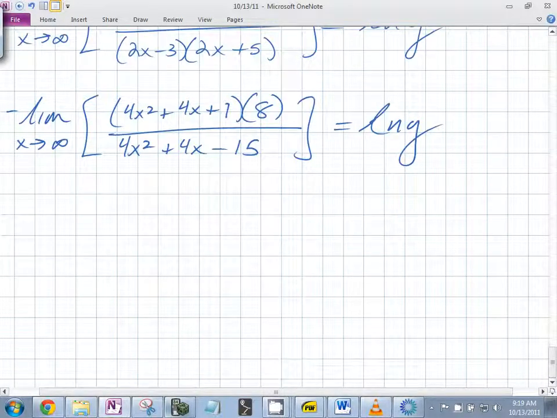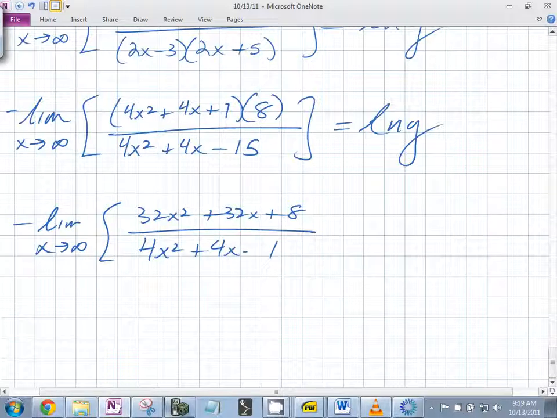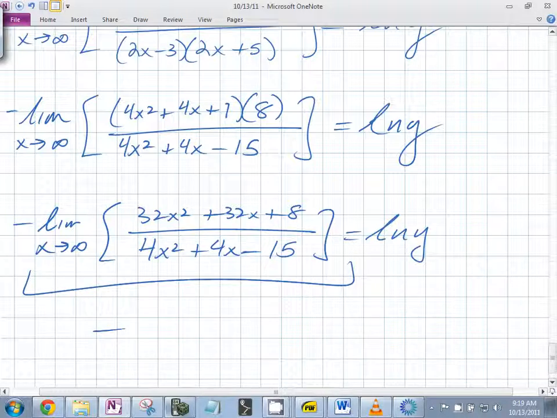Let's multiply it out. Negative 1 times the limit as x goes to infinity of 32x squared plus 32x plus 8 all over 4x squared plus 4x minus 15 equals ln(y). So what does the left side become? Negative 8 equals ln(y).